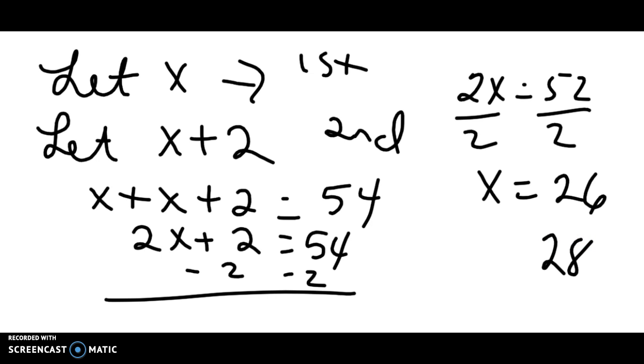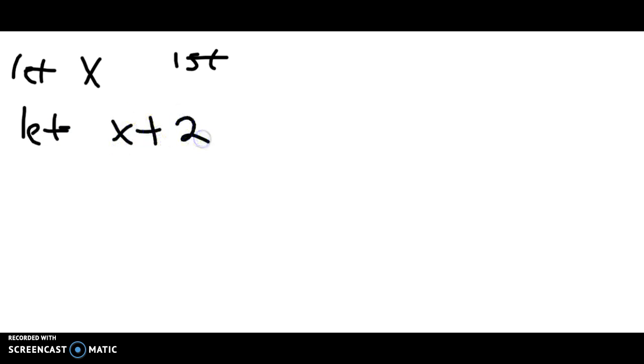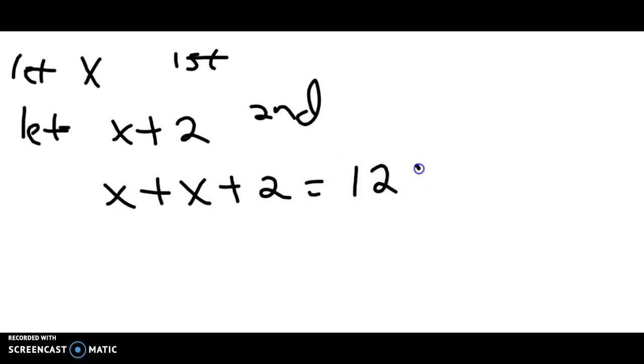And I'm going to do 13, and the rest of them you're going to be on your own. So number 13, the sum of two consecutive odd. So x is the first. And remember, on your odds, even though they're odd numbers, they're still increasing by 2. Right? The difference between the two of them is 2. So we're going to x plus 2, that's my second number. So now we're going to say x plus 2 equals 128.